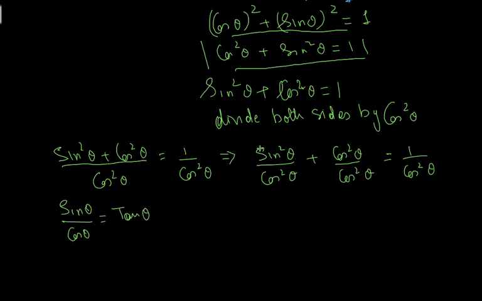So what does this become? This becomes tangent square theta plus, this cos square theta cancels this cos square theta and this makes it 1. And what happens to this?